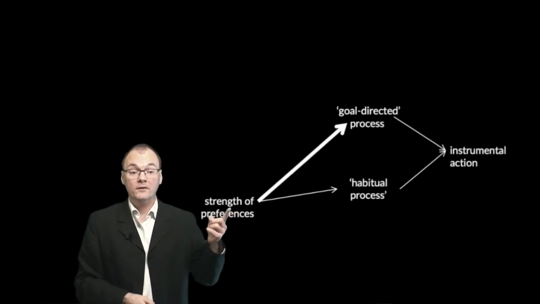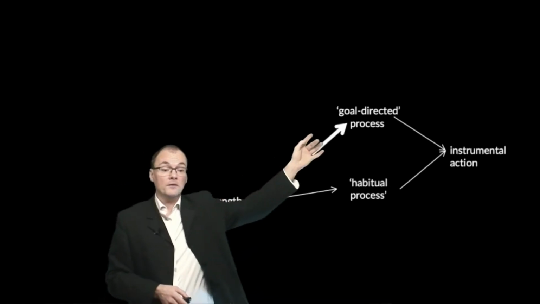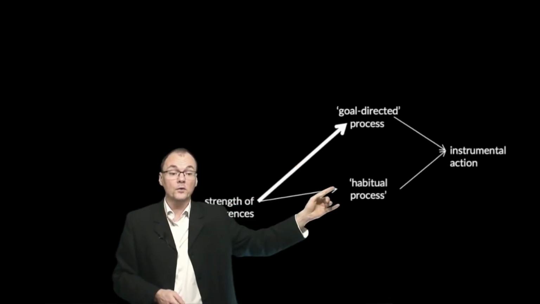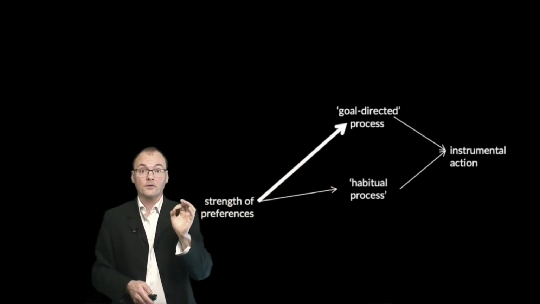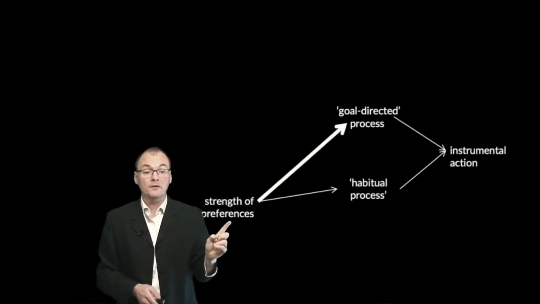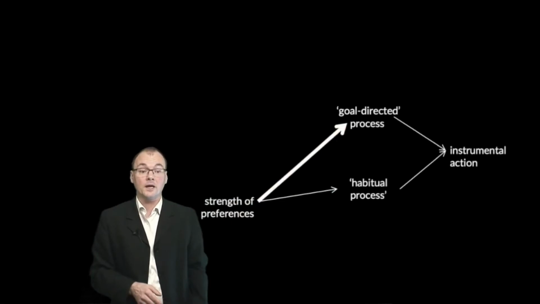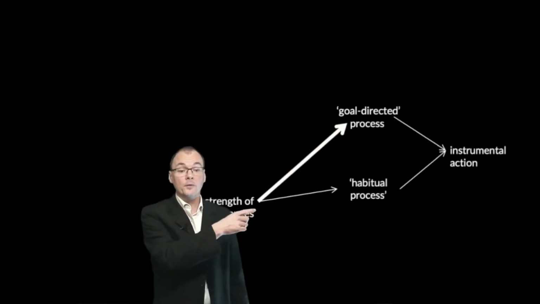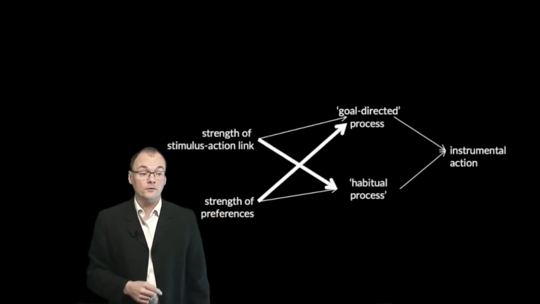We would expect that intervening on this variable, the strength of the preferences, will have a big effect on the goal-directed processes and a small effect on the habitual processes. That's why we predict that if the goal-directed process is important for the action, intervening on the preferences will have a direct effect on the instrumental action itself, whereas on the habitual hypothesis, we don't get the same prediction.